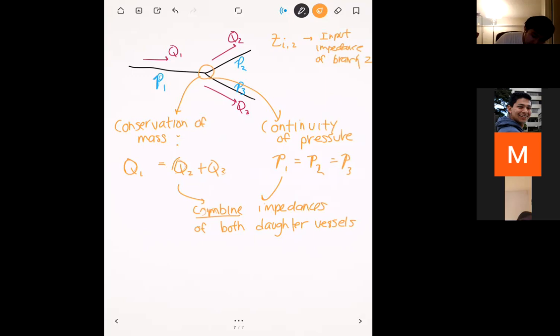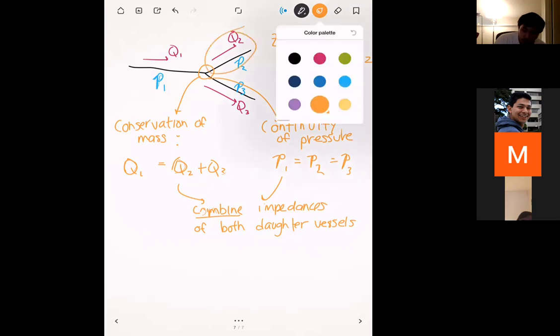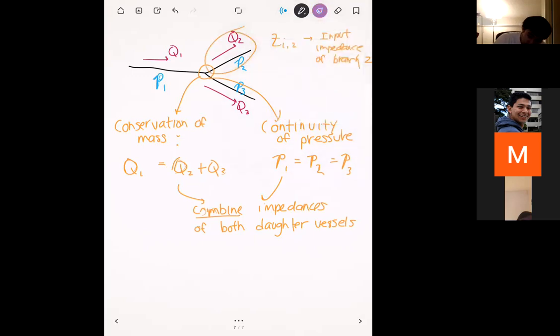That's basically the input impedance of this one right here. And we define another input impedance called Zi3, where this is the input impedance of branch 3.